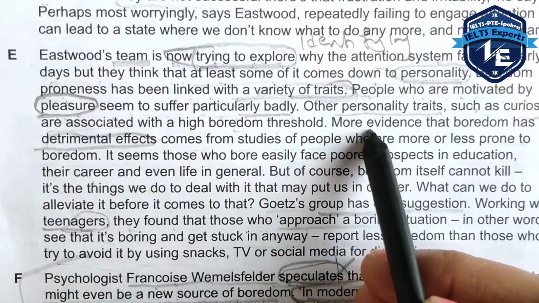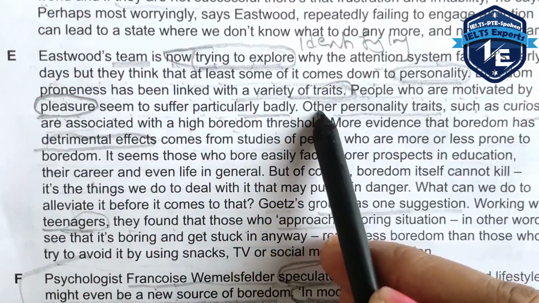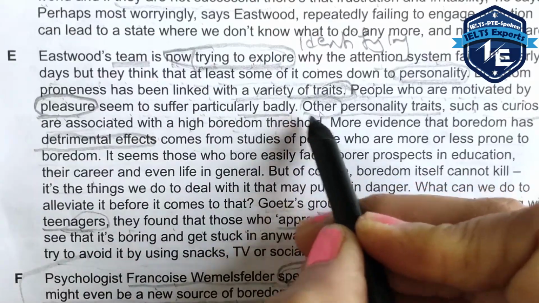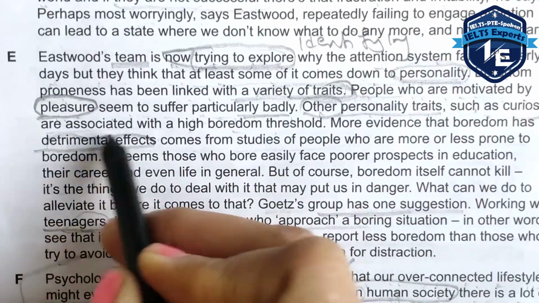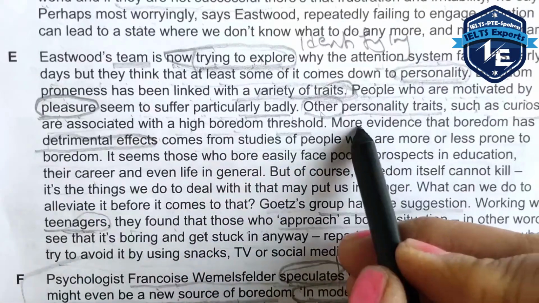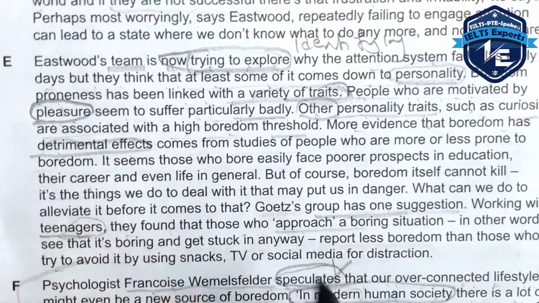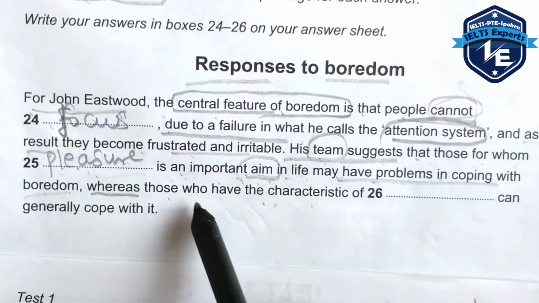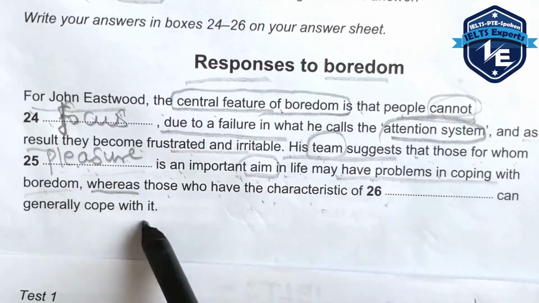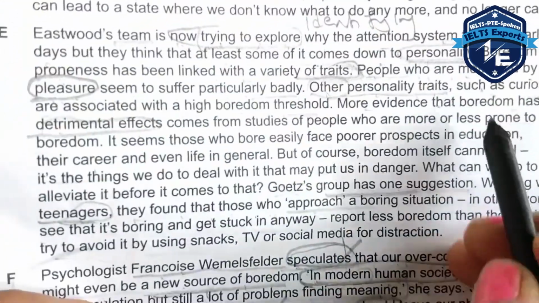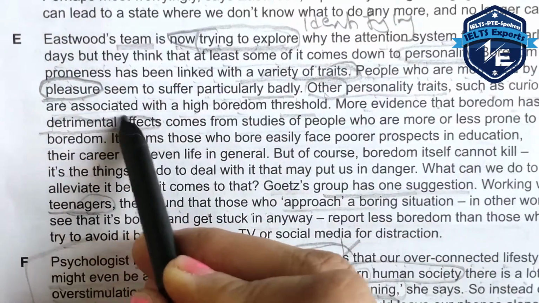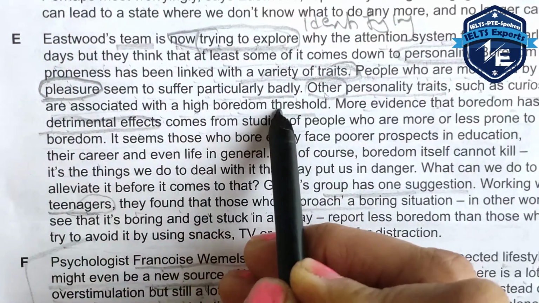Other personality traits such as curiosity are associated with a higher boredom threshold. More evidence that boredom has a detrimental effect. Those who have characteristics such as curiosity are associated with a boredom threshold.